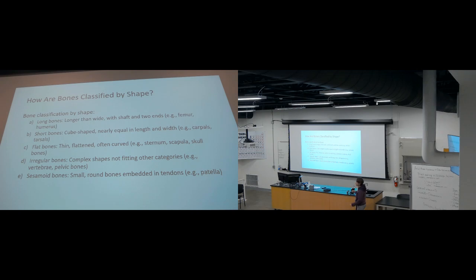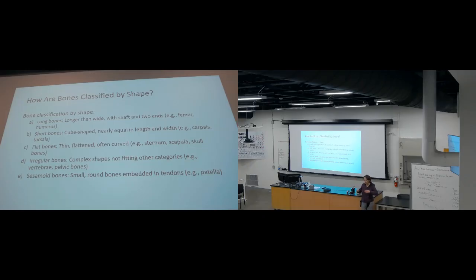And then the short bones are cube-shaped because they have equal width and length. Examples of short bones will be carpals and tarsals. We will see the individual names of these bones later on. And then you have flat bones that are thin, they're flattened.